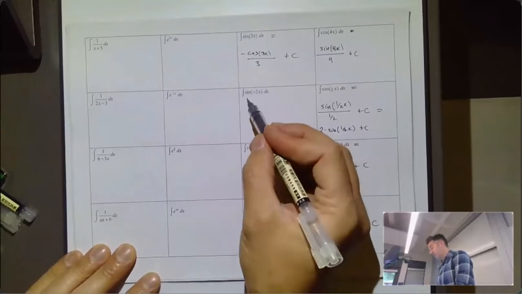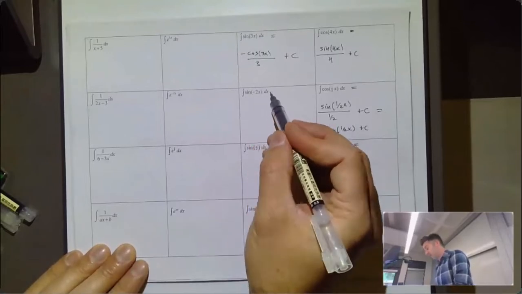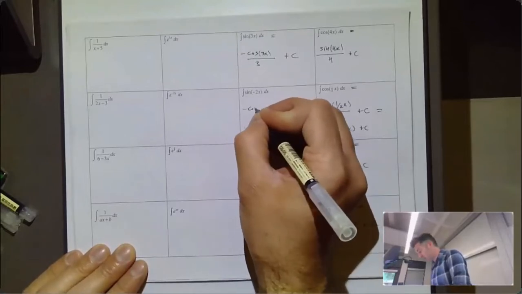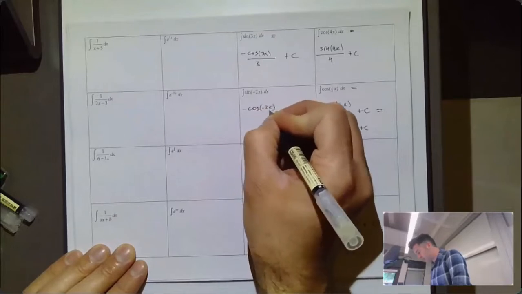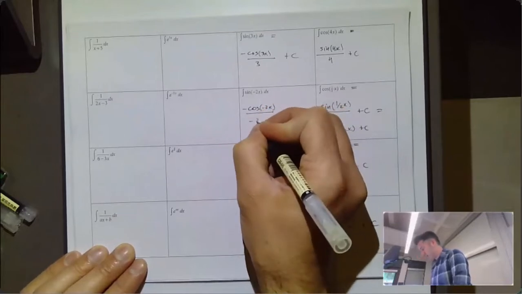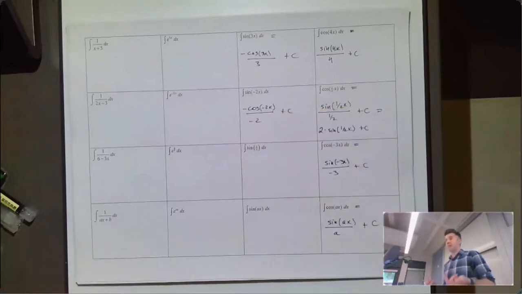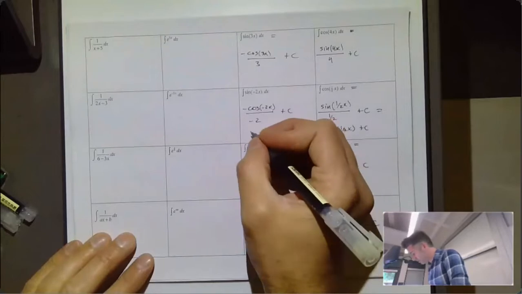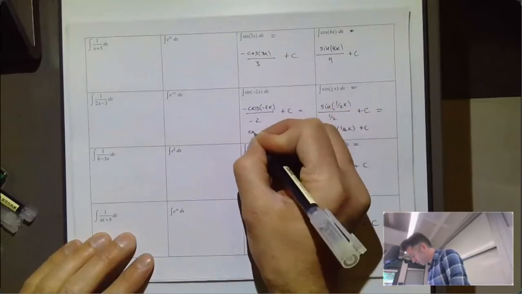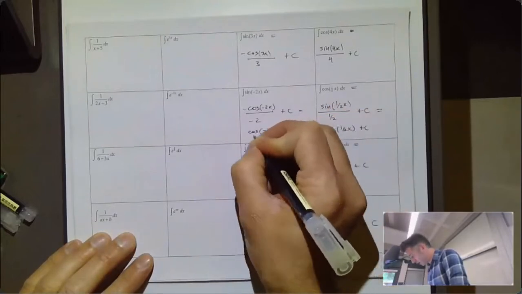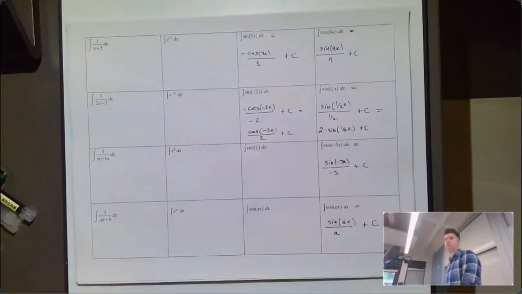The antiderivative of sine of negative 2x is going to be negative cosine of negative 2x divided by negative 2. And of course, I would do the extra step of simplification here and write it as cosine of negative 2x divided by 2 plus c. It is worth your time to do that.